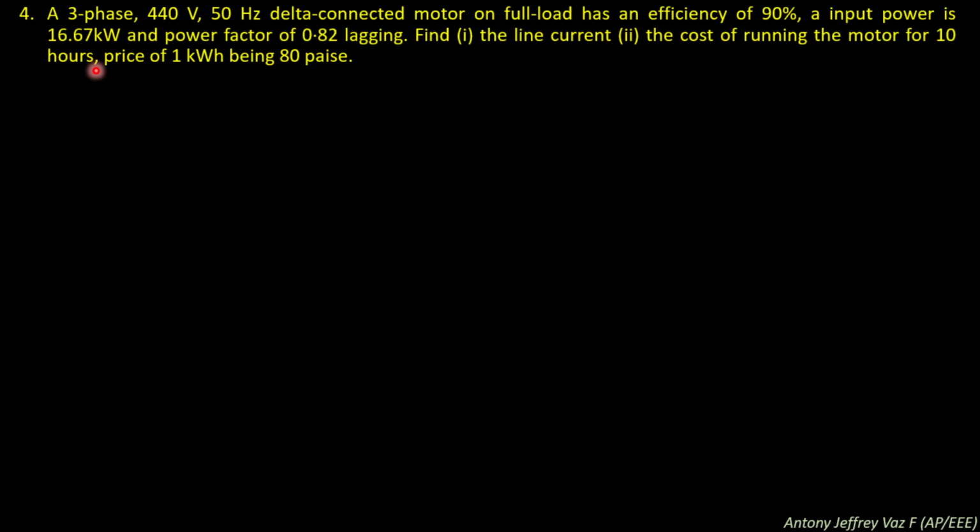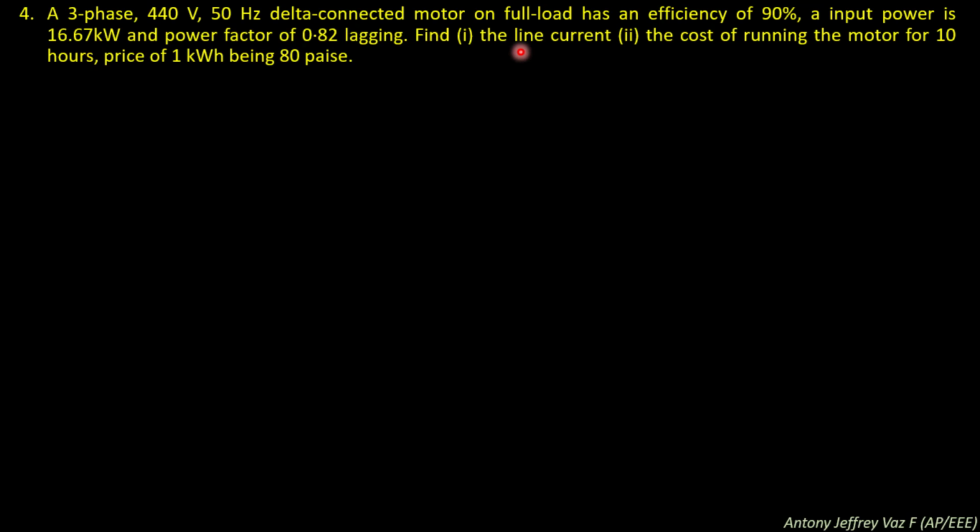Fourth problem, a 3-phase 440 volt 50 Hz delta connected motor on full load has an efficiency of 90%. Input power is 16.67 kilowatt and power factor is 0.82 lagging.